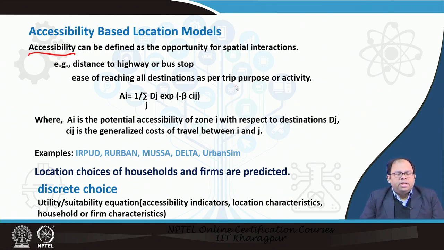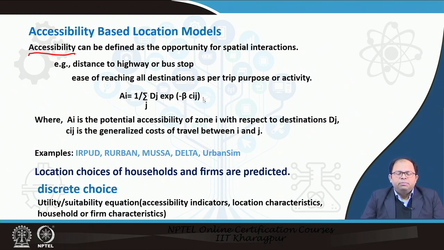So in this particular formula you can see, Ai is the potential accessibility of zone i with respect to destination Dj, and Cij is the generalized cost of travel between i and j. Here we can see that accessibility is equal to 1 divided by the summation of the potential of all the locations divided by their distances, with distances of course raised to the power of an exponent.